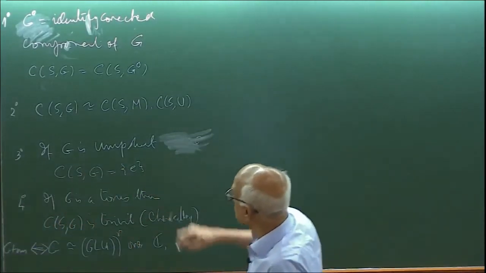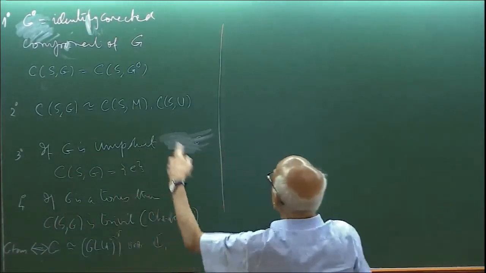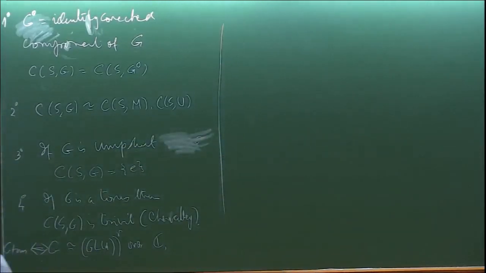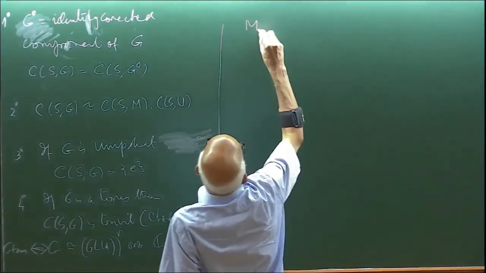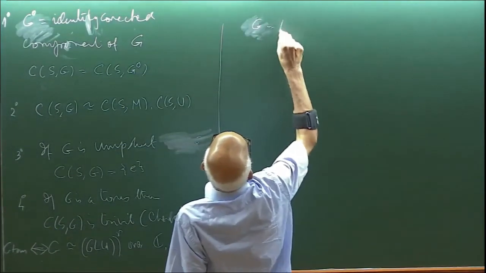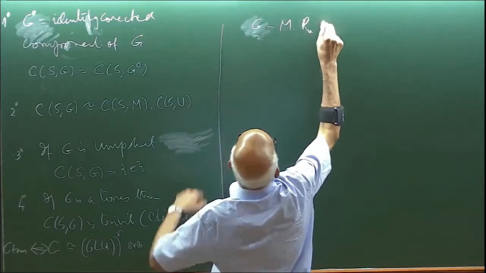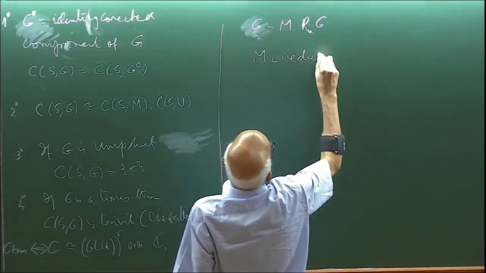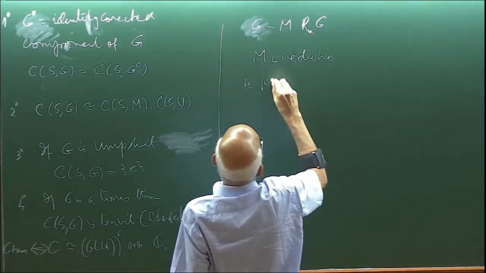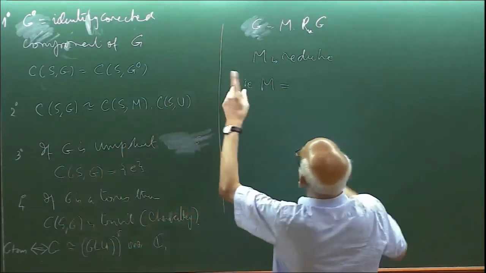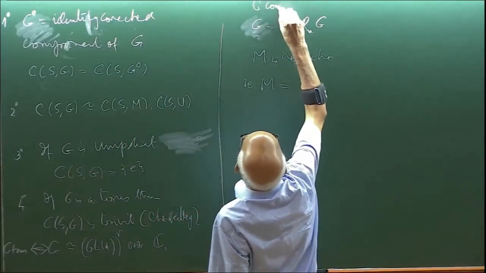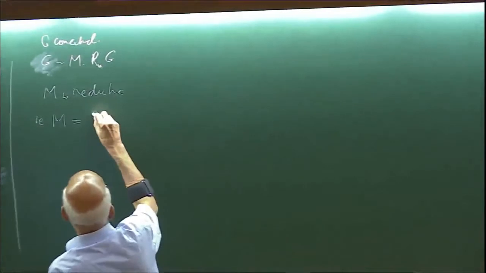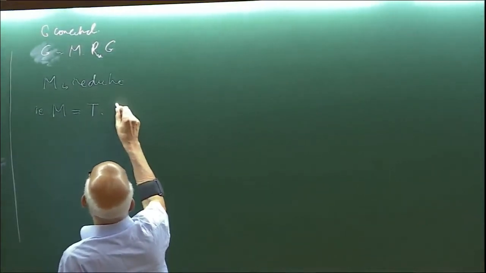So for tori it's true, and then as I said, G in general is M times RUG, where M is reductive. This means that M is of the form, I'm assuming G connected in any case, some torus T times a semi-simple group.